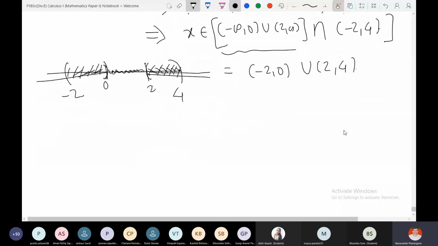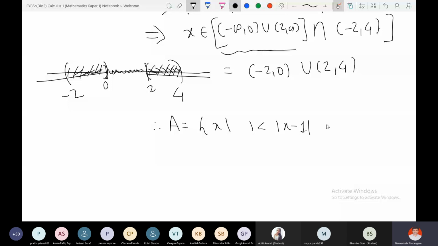Right. And so what is the conclusion? Therefore, my set A, which was 1 less than absolute value of x minus 1 less than 3, is actually the set of those real numbers which lie between minus 2 and 0 or 2 and 4.